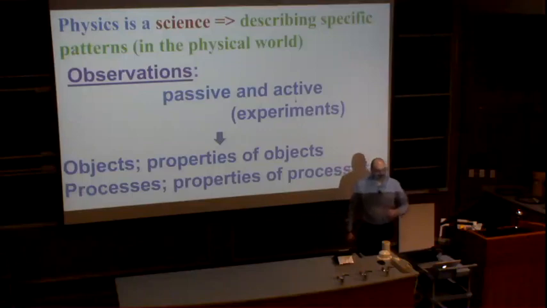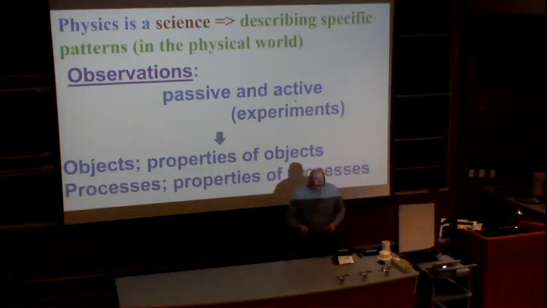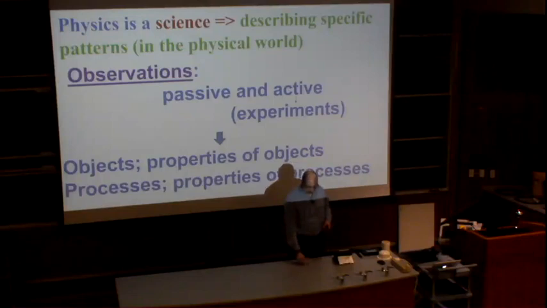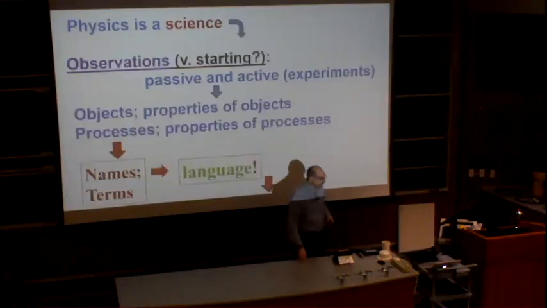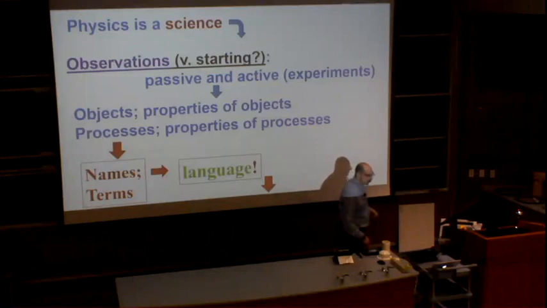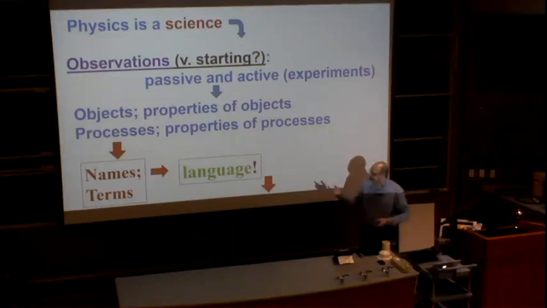Those processes might be fast or slow. They have properties. If I start my scientific paper with, today I was watching that thing, and that thing was doing another thing with that thing, that's not a very informative description.